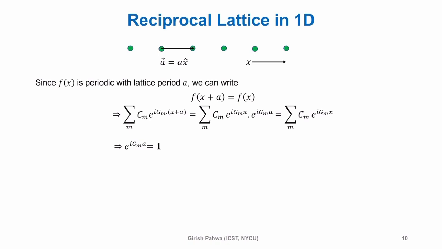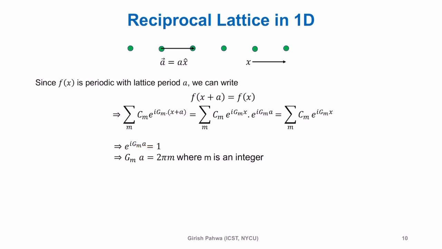If e to the power iota of any number is equal to 1, what will be this thing? This has to be an integral multiple of what? Okay, when can this quantity be equal to 1? Give me some examples.